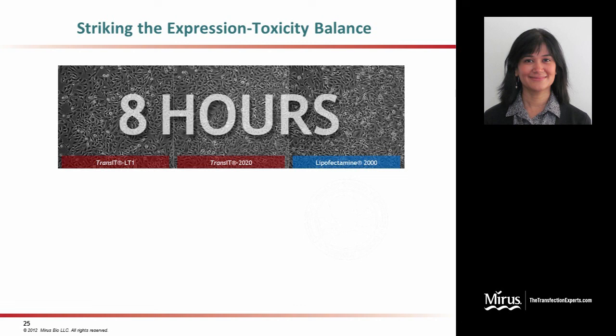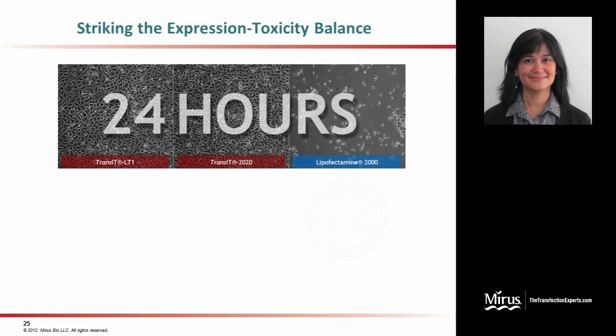And in comparison is a liposomal formulation that is popularly used called Lipofectamine 2000. At the 8-hour time point, you barely notice any differences in cell morphology with either of these reagents. The cells look just fine. However, as you progress into the 24-hour time point post-transfection, the Lipofectamine 2000 formulation wreaks havoc on the cells.